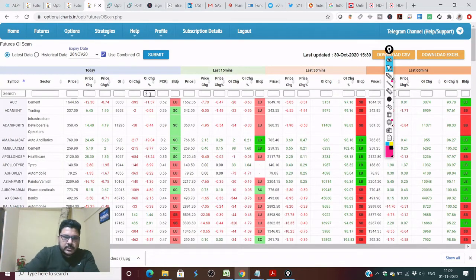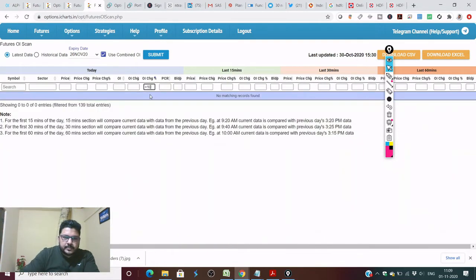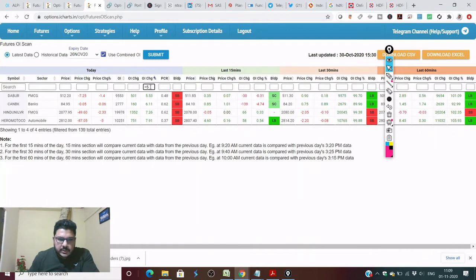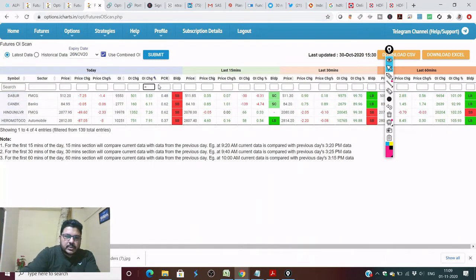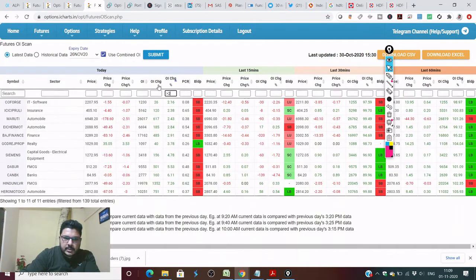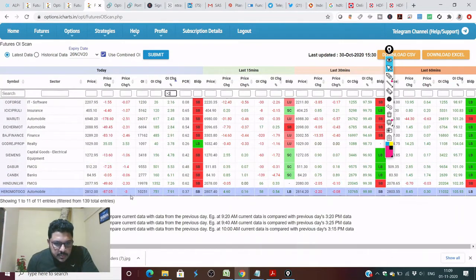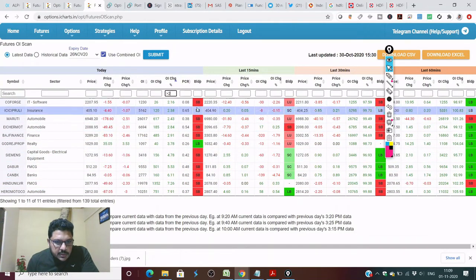Percentage change, I want greater than 10. No matching. Greater than 5, I'm able to see Dabur. So there is no open interest which is higher than that. The maximum is about 7.9. So that is the reason we are not able to see any result.